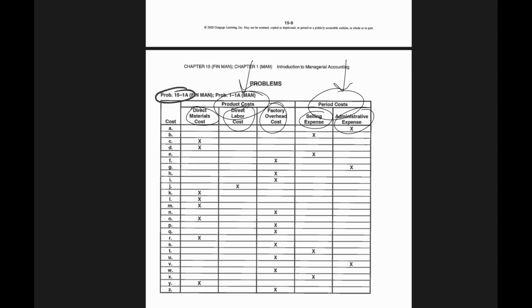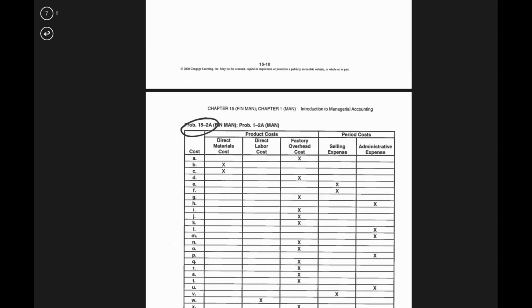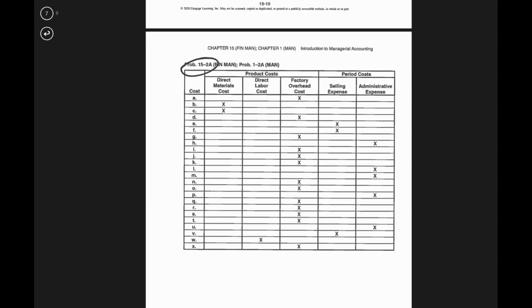You have to classify it as either a product or a period, and then ultimately what type of cost. Period costs go straight to the income statement, but at some point these will as well. Initially we put them on the balance sheet, but at some point it's going to run through your cost of goods sold.